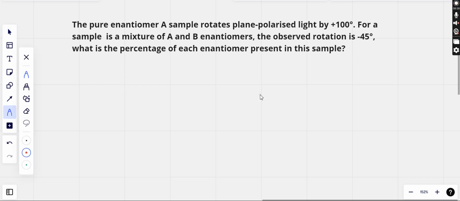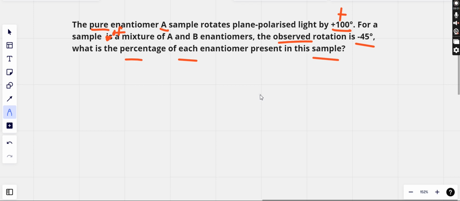A pure sample of A rotates plane polarized light by positive 100 degrees. For a sample of a mixture of A and B enantiomers, the observed rotation is negative 45. What is the percentage of each in this sample?